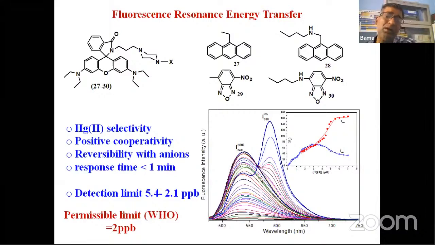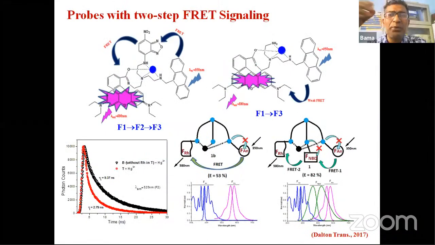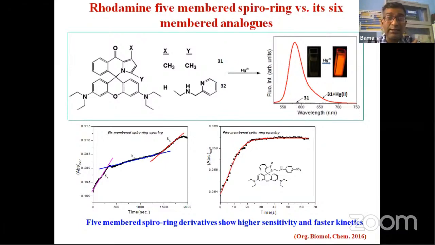We developed molecules having two fluorophores, and the ratio of their intensity gives a stable signal towards the sensitivity of the system. These are a few examples contributing towards sensitivity.